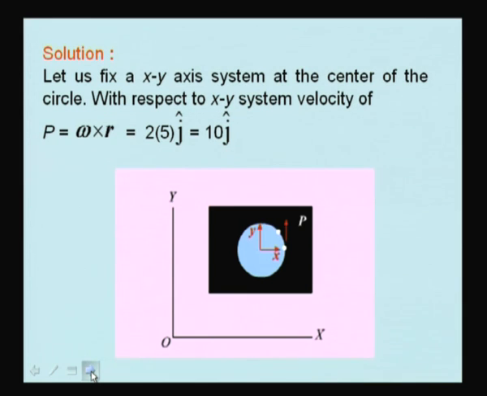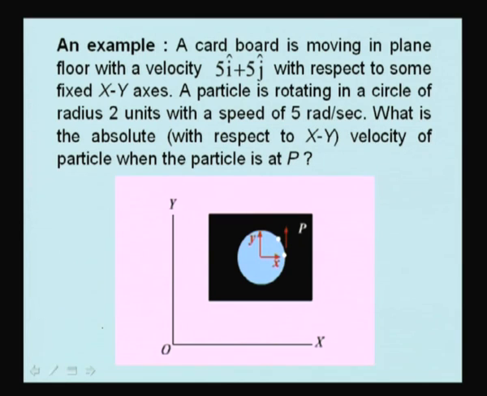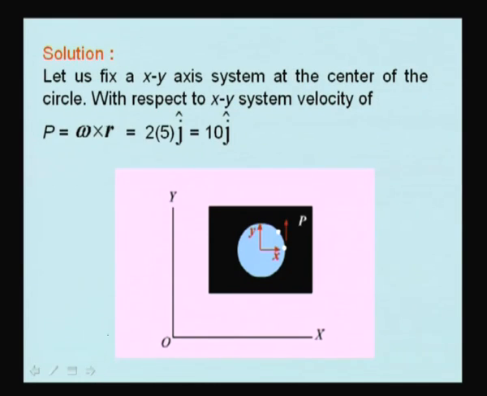Now, fixing the xy axis system at the center of the circle, with respect to the xy system, the velocity of point P is given by omega cross r. Here r is 2 units and omega is 5 radian per second. So, this is 2 into 5j, that means it comes out to be 10j units.